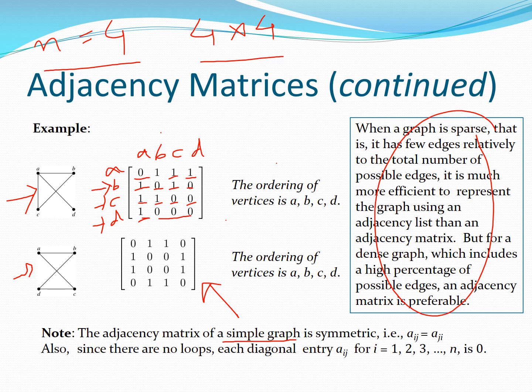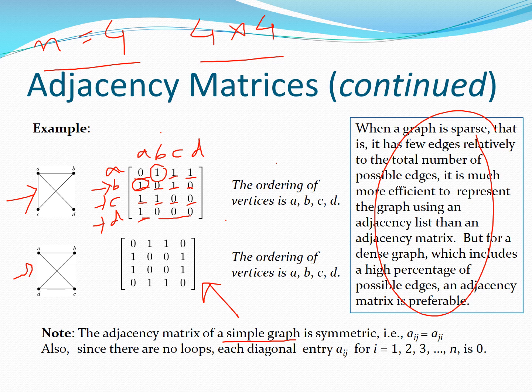If there is an edge from A to B, then there is also an edge from B to A. So the number depicting edge AB and the number depicting edge BA are going to hold the same value, and that's going to be the same for every position.